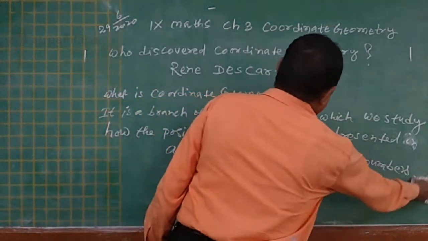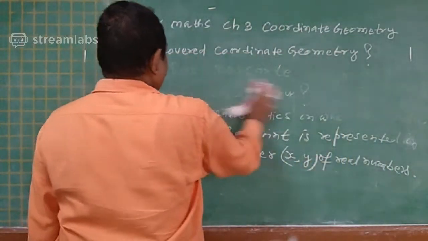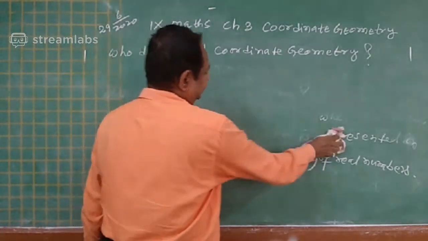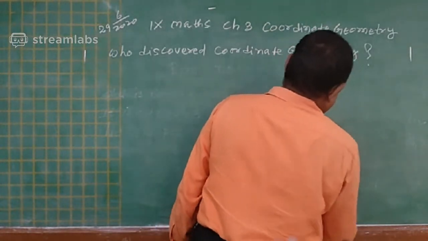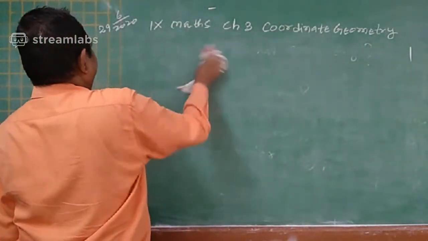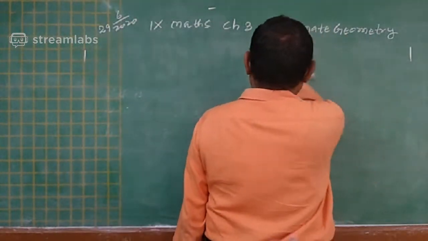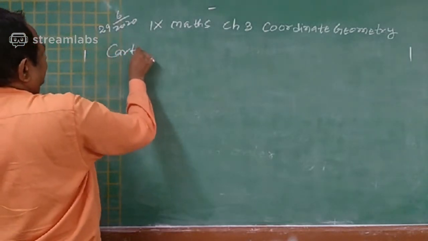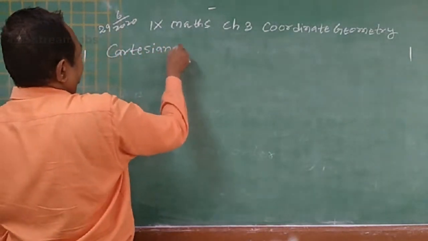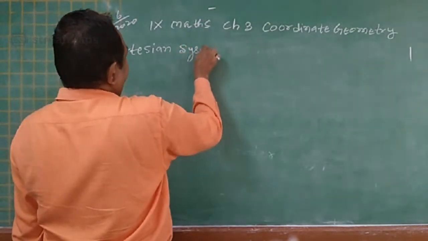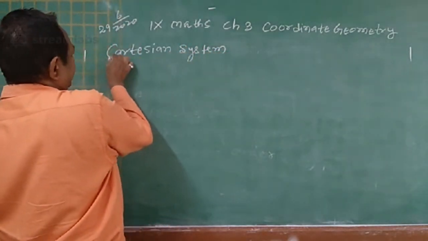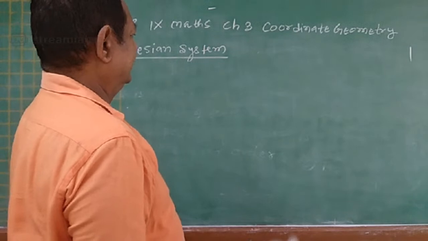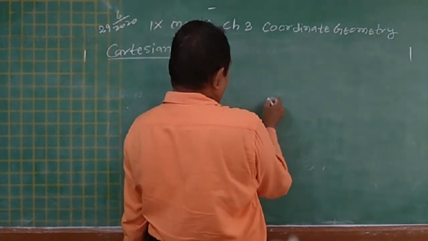Now, the Cartesian plane. What is the Cartesian system? Suppose this is a number line.